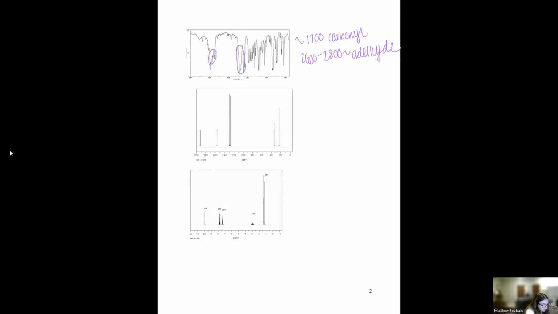Since our degree of unsaturation also suggested that there is an aromatic ring, we can focus in around 3100 to 3300, as well as a peak at 1600. These peaks are consistent with aromatics or benzenes.